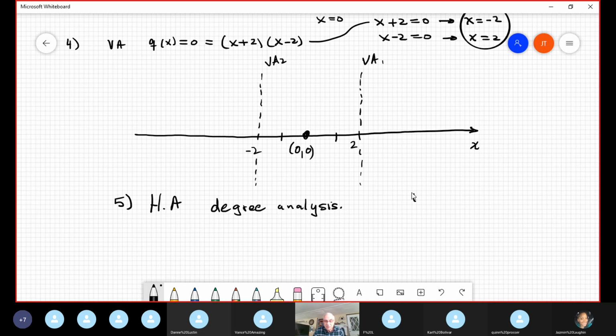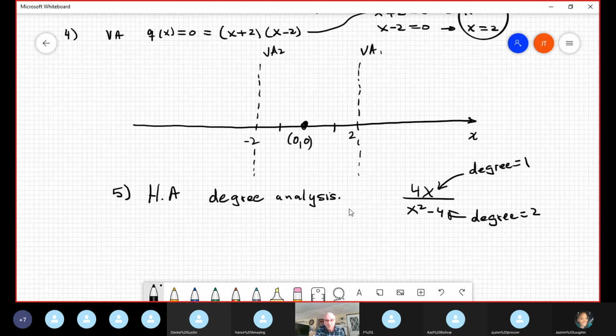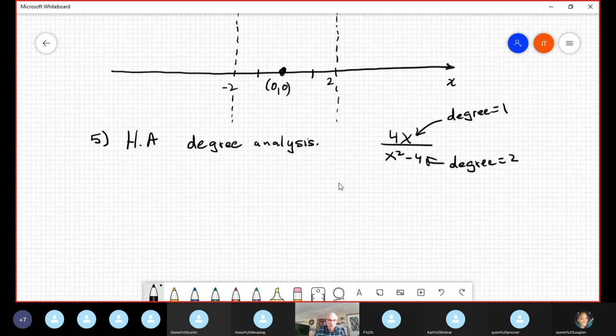The beginning is 4x over x squared minus 4. The degree of the polynomial at the top is 1. The degree of the polynomial at the bottom is 2. So I ask myself, do we have or do we have no horizontal asymptote? Yes or no? Question, do we have or no?